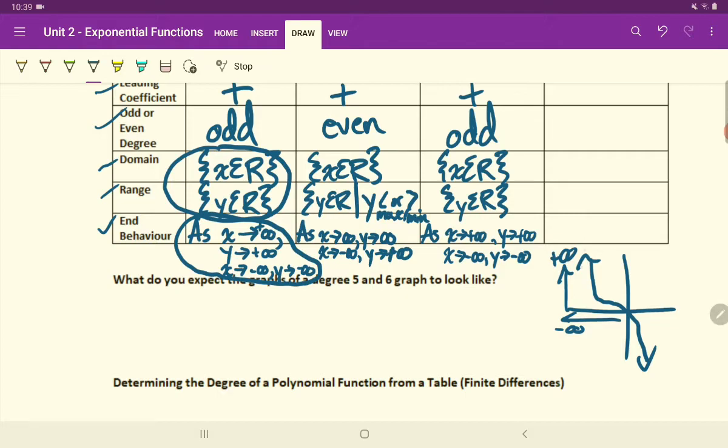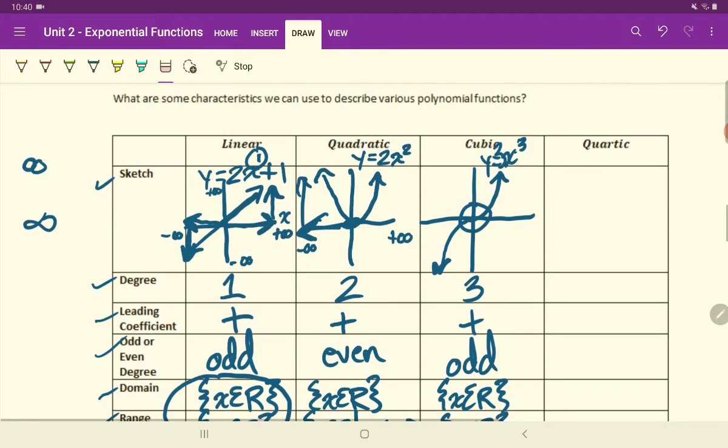So if it's a straight line going down this way, the end behaviors would be exactly the same as a cubic function that was going down in the same direction. They follow the same pattern because they're all odd degree. The same exact thing can be said for quartic and quadratic, so even degree polynomial functions.